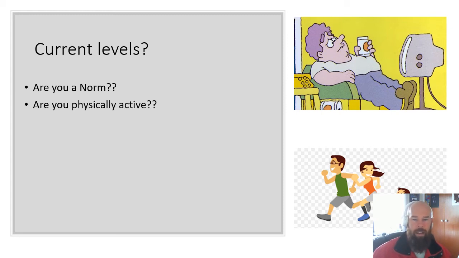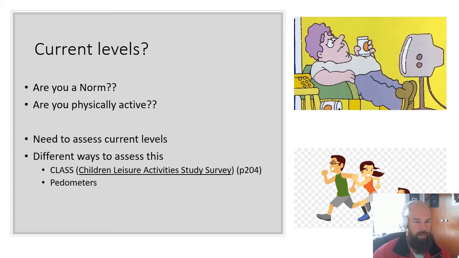Are you physically active? Like I said, are you one of those persons that will go out every day and do something? Okay, hold on, and I'm back. Are you physically active? So you need to assess your current levels of physical activity. It's done through surveys.